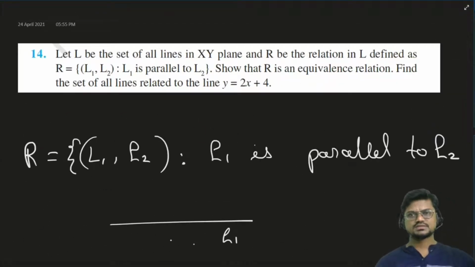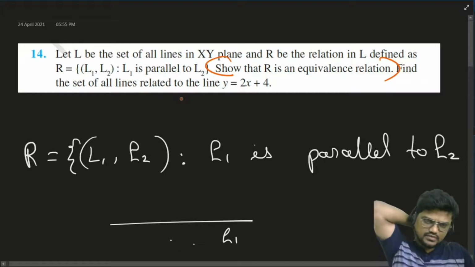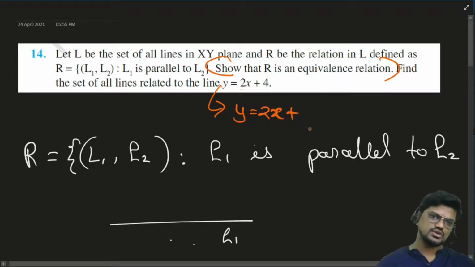Okay, next, what they have given: show that R is an equivalence relation. We have shown this. Find the set of all lines related to the line y = 2x + 4. Now you have to write the set of all lines related to this, which means it should be parallel to this. What is the line which is parallel to this line? The 4 is not fixed, so it can be any constant.